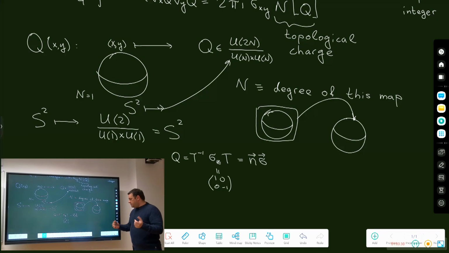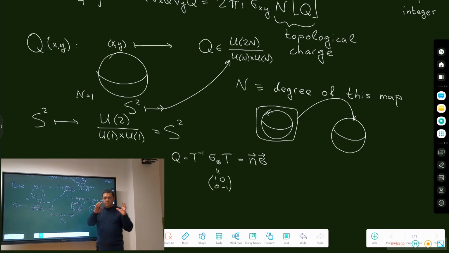Then there is a different type of map, which is a one-to-one map. I take my sphere and I map each point to the same point in the target space, 1 to 1. And this is a map of degree 1. Then there is, for example, a map of degree 2 when you take the upper hemisphere, this north hemisphere, and you map it on the whole sphere here, such that the equator becomes the south pole.